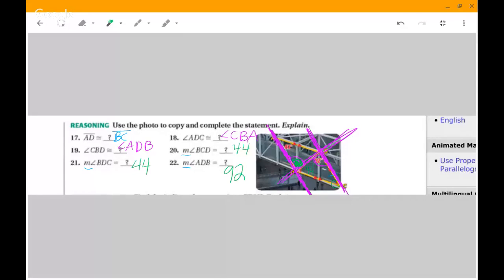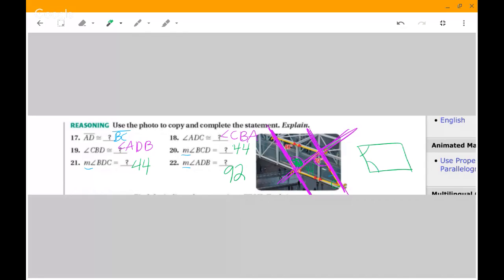What I was showing you is if you have a parallelogram, we know that these two have to be supplementary. So if this one's 40, this whole thing down here has to be 140. And 140 minus 44 is 96, not 92. Yeah. So that's weird. Go with 92, because they were wanting you to see the alternate interior. But I am going to ask Miss Stone about that, because it should work both ways.